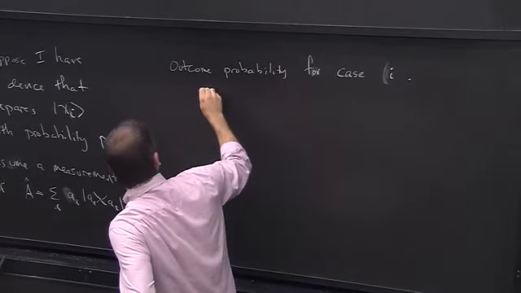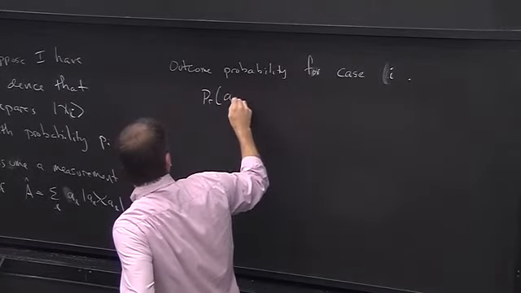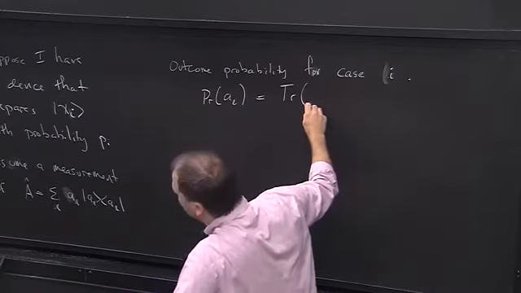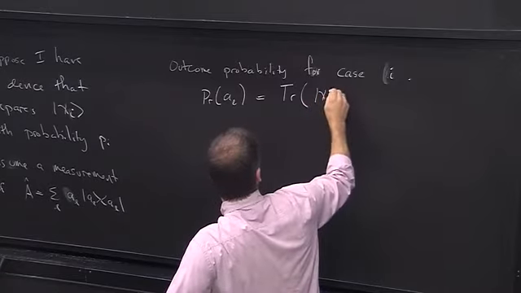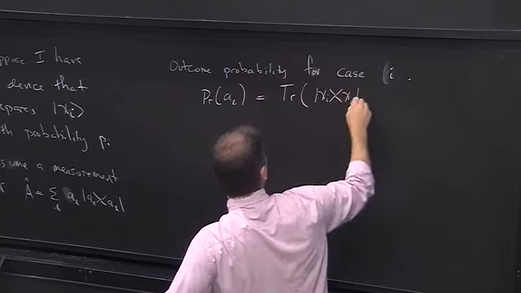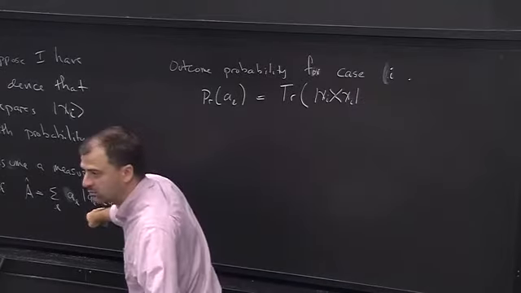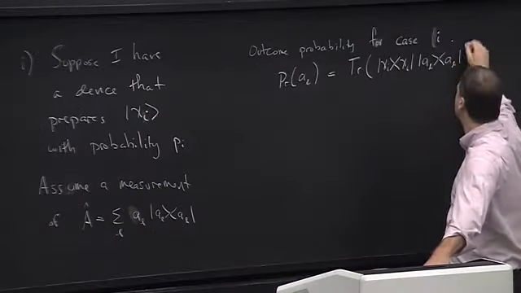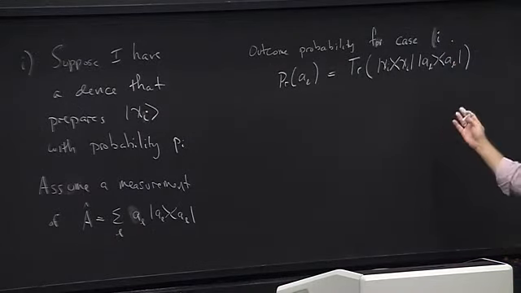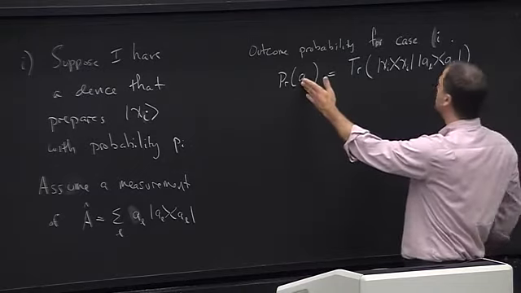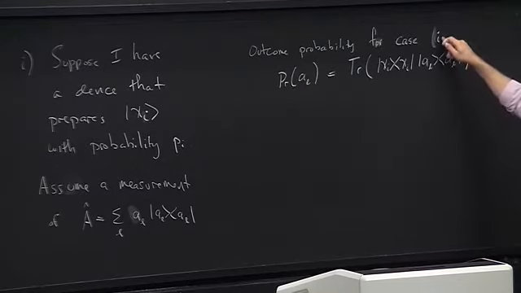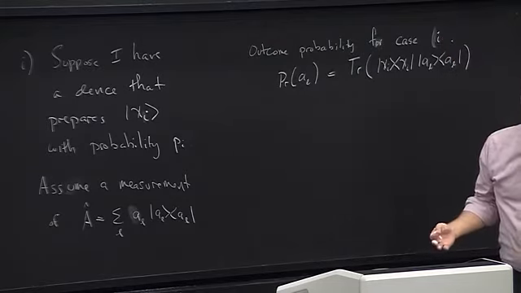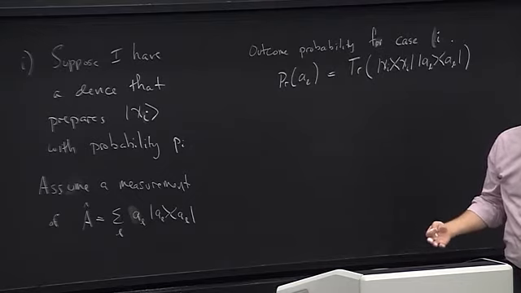Well, Born's rule says the probability of outcome A_L is equal to the trace of chi_i against the associated projector A_L. And so we know the answer. We know the probability of this outcome when the device prepares state i. But we don't know if it prepared state i. We just know the probability with which it prepared state i.